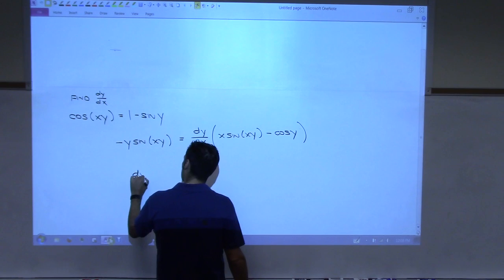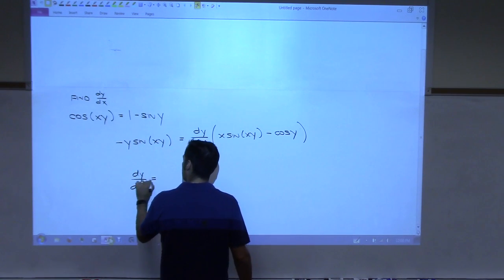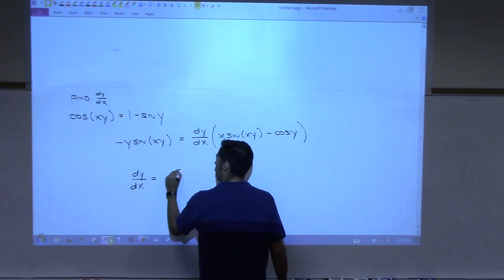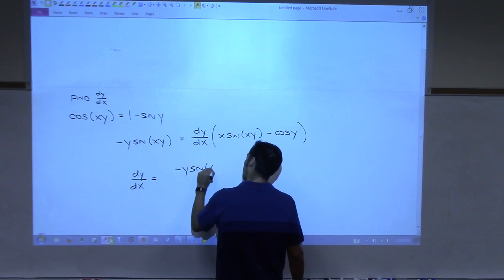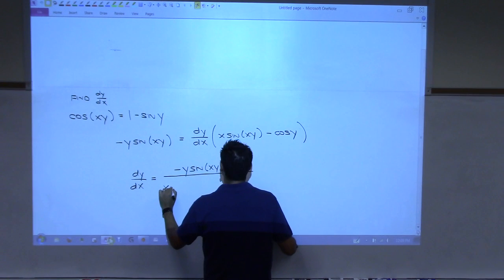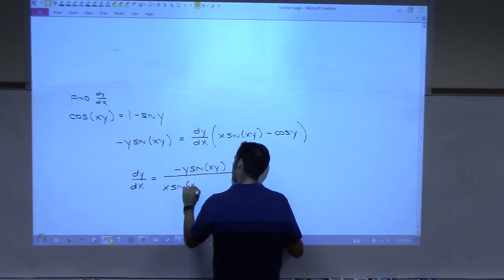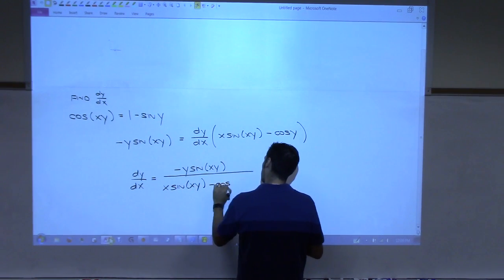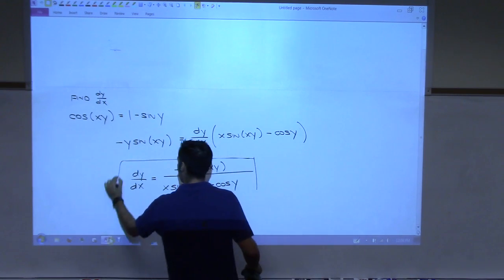And with equations, it doesn't matter which way you write them. So I'm going to write dy dx, and then I'm going to write negative y sine xy over this big ugly thing that I divided through by, x sine xy minus cosine y. There it is.